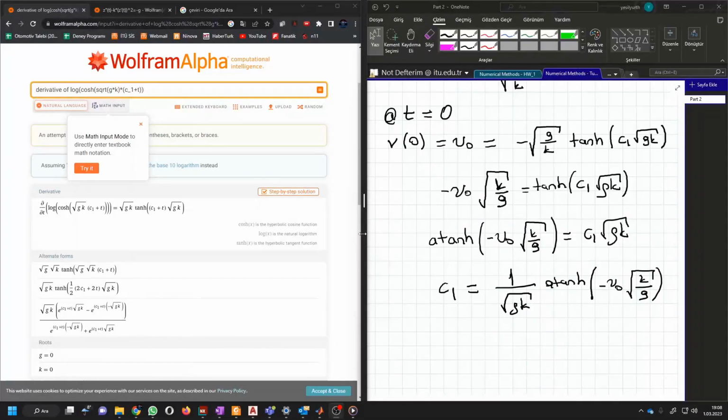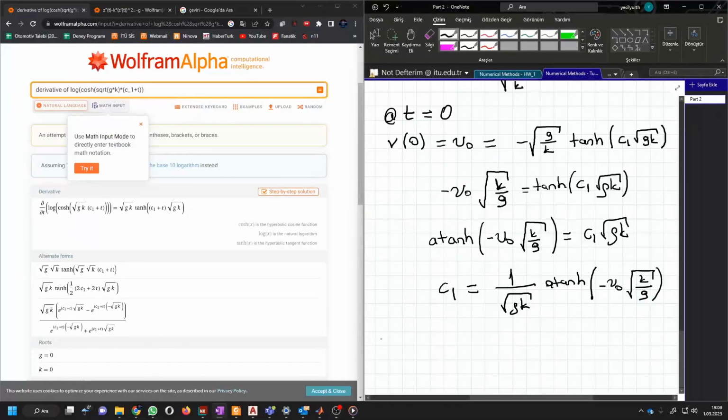Now I can use my second initial condition, which was at t equal to 0, z at 0 must be equal to z0.